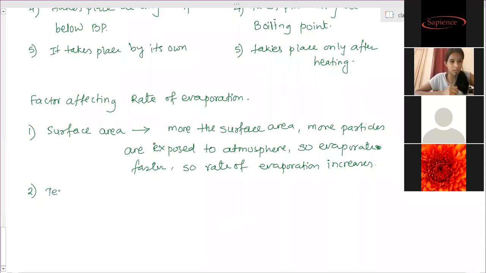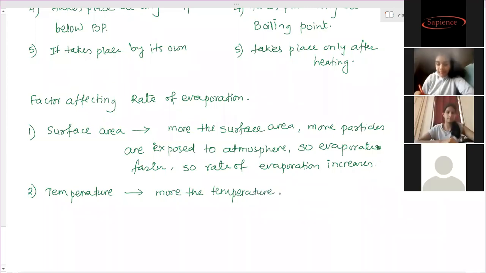So rate of evaporation increases. You have one question on this chapter, and that will be most commonly the evaporation part. Second one is temperature. The more the temperature, the more the rate of evaporation. Why? More the temperature, more amount of heat is present in air.